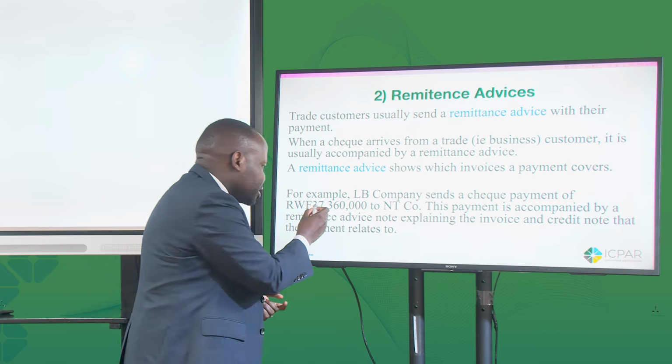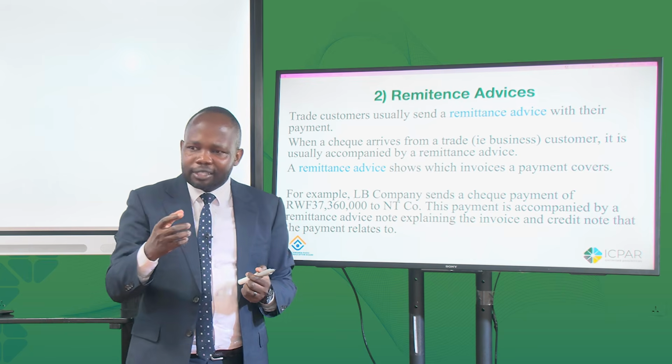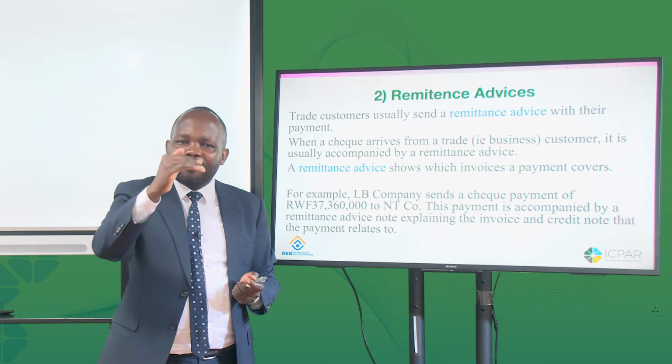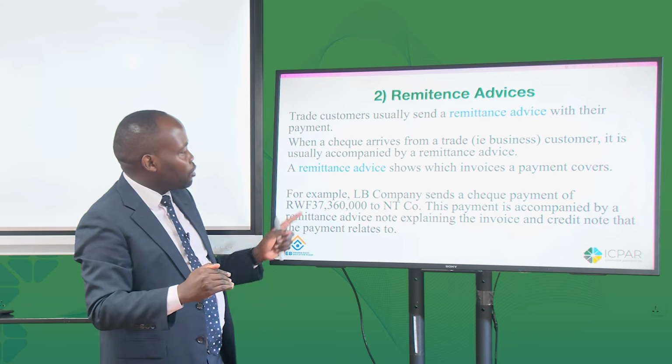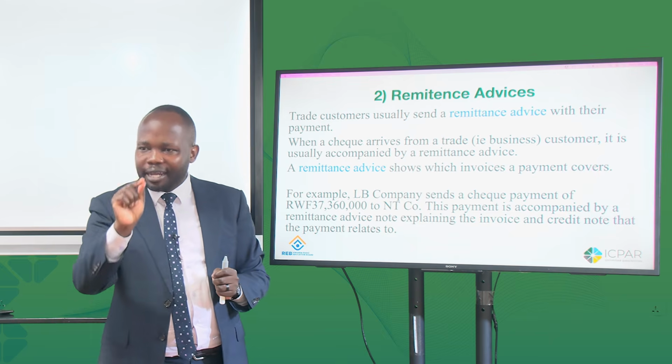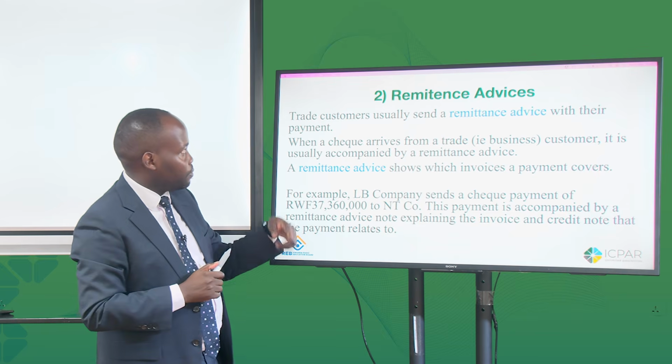So the total check you send to the bank is 37,360,000. And there are a number of employees to be paid, or a number of customers to be paid. So a remittance advice will show you which clients to pay and how much to pay them.